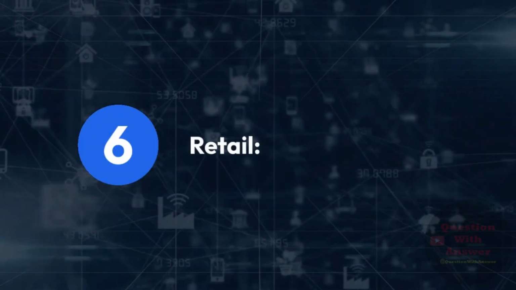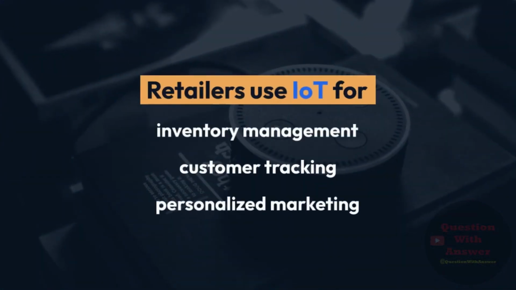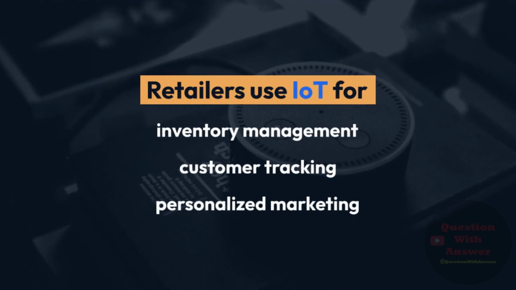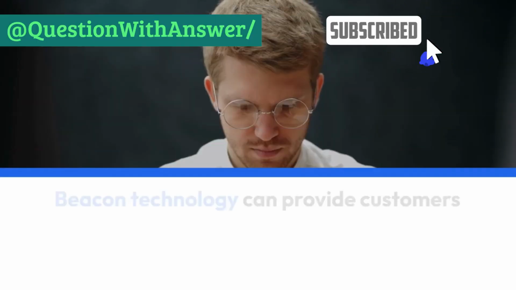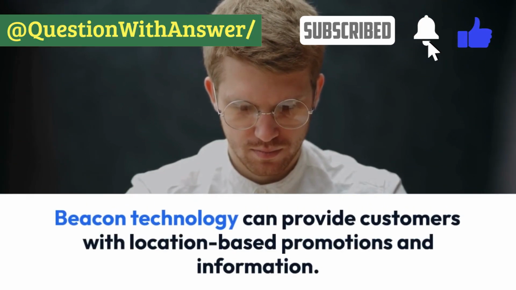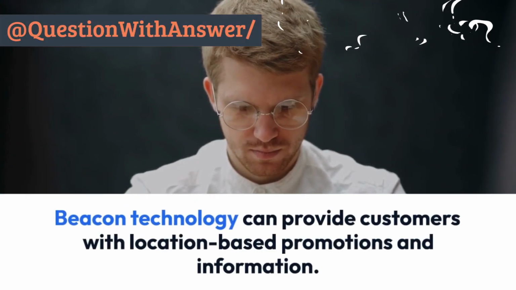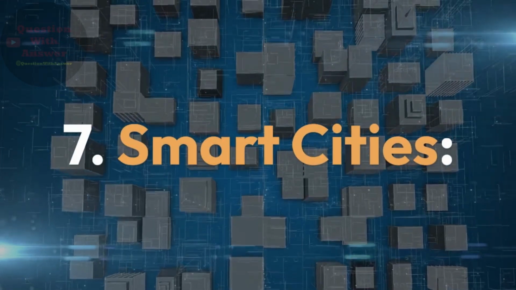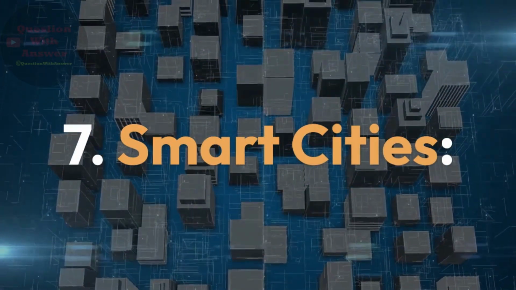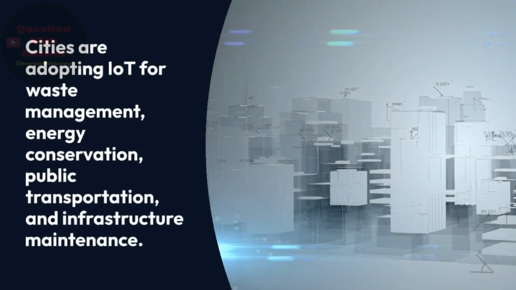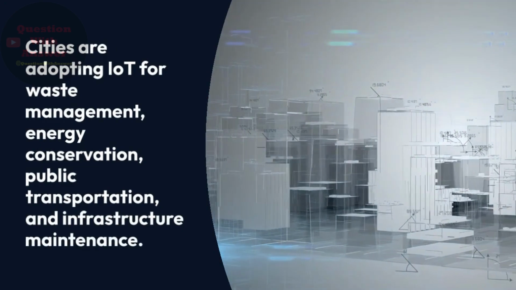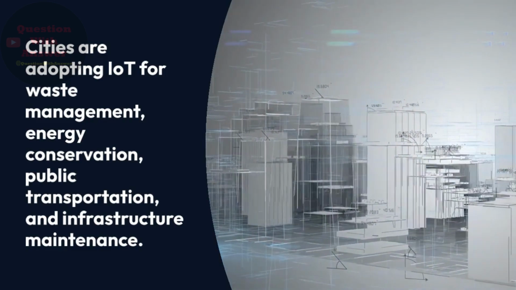6. Retail. Retailers use IoT for inventory management, customer tracking, and personalized marketing. Beacon technology can provide customers with location-based promotions and information. 7. Smart cities. Cities are adopting IoT for waste management, energy conservation, public transportation, and infrastructure maintenance.